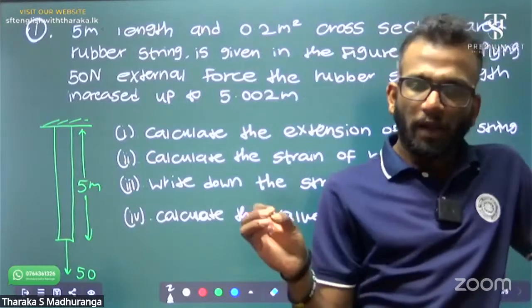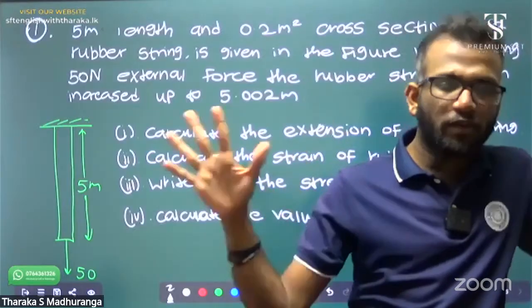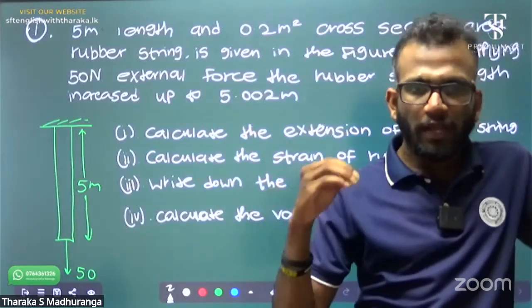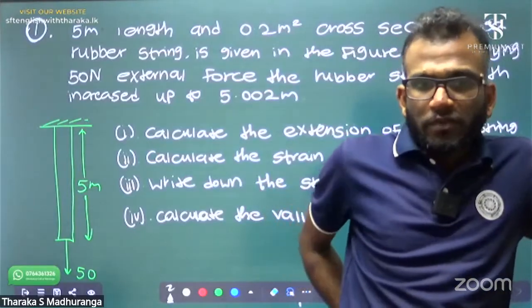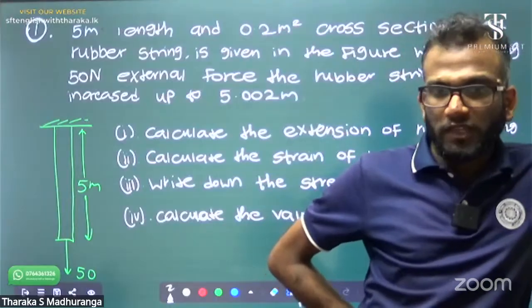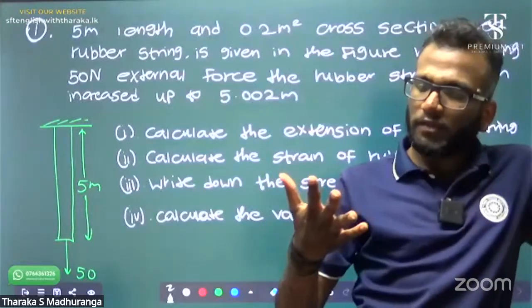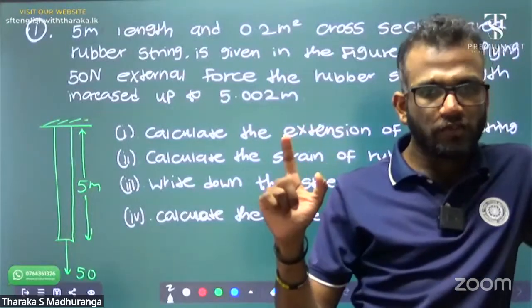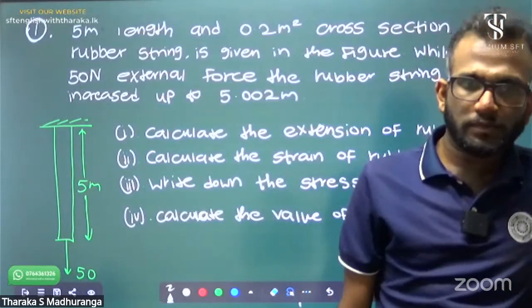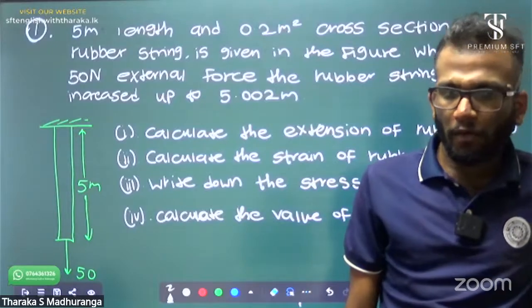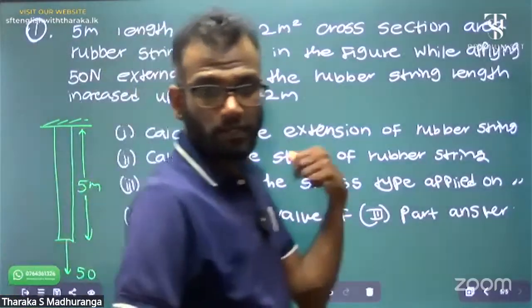The final part, Young's modulus, is a little bit advanced, but if you understand it well, you can easily score on this lesson. We have only two laws, Hooke's law and Young's modulus. Any doubt? Complete this.